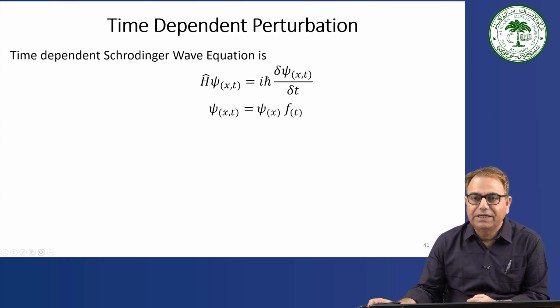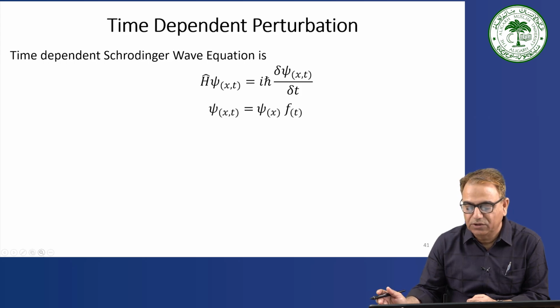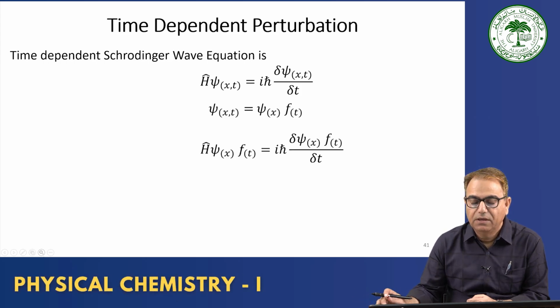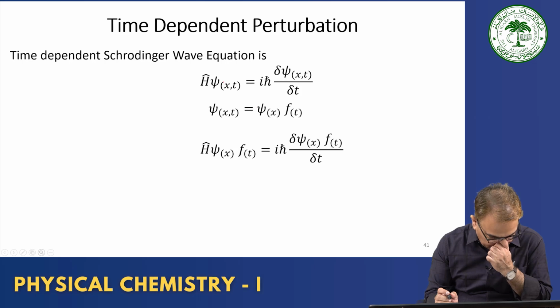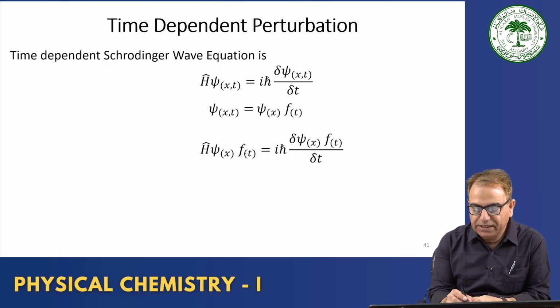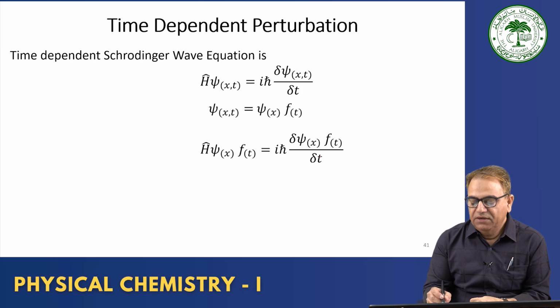Here psi is a function of two variables, the x coordinate and time t. I have taken only one coordinate, but it could be the other two, or you can also write psi(r,t). If you put this value of psi(x,t) into the Schrodinger wave equation, you get H psi(x) f(t) is equal to i h cross del of psi(x) f(t) by del t.